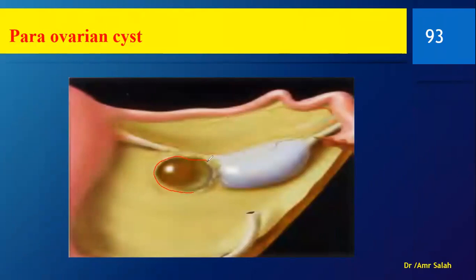And this cyst does not follow the criteria of ovarian cyst. Meaning, if we have stated in our report that the patient has a para-ovarian cyst, it's not necessary to place her in one of the criteria for follow-up. Is the cyst more than 5 or 7 centimeters? Is she menopausal or not?